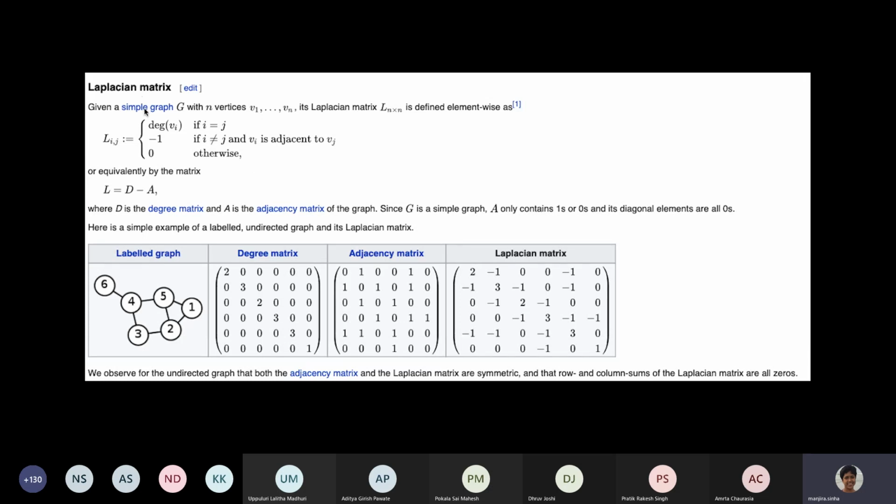So let us have a simple graph G with n vertices V1 to Vn. This is from Simple Wikipedia, nothing complex.